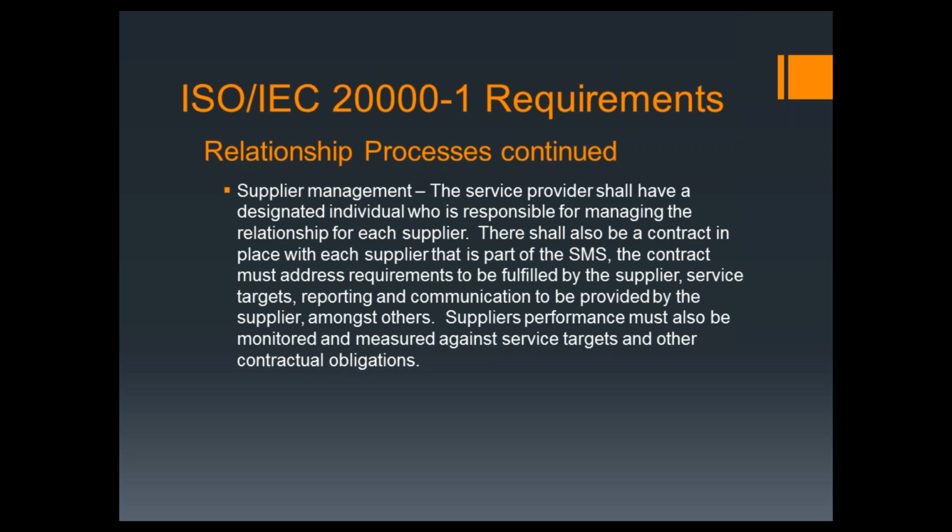This goes back to ensuring that the service provider seeking certification can demonstrate its ability to have governance and control over the suppliers, or third parties, that are relevant to the services they offer. Supplier performance must also be monitored and measured against service targets and other contractual obligations. So again, there has to be a level of formalized, mature control in place for these suppliers.